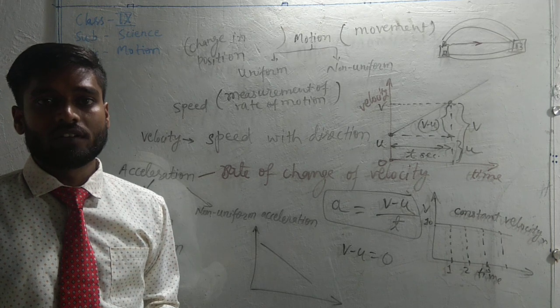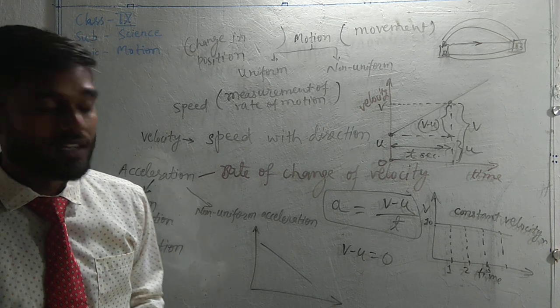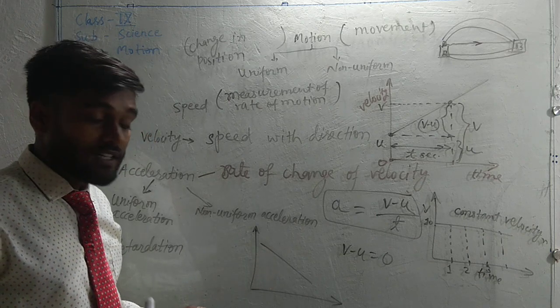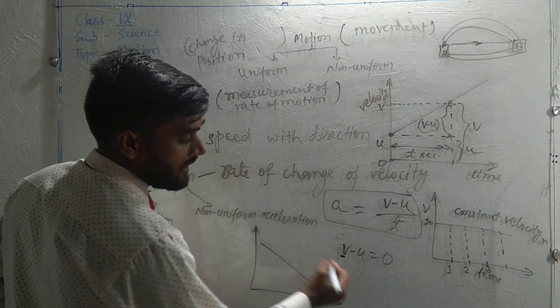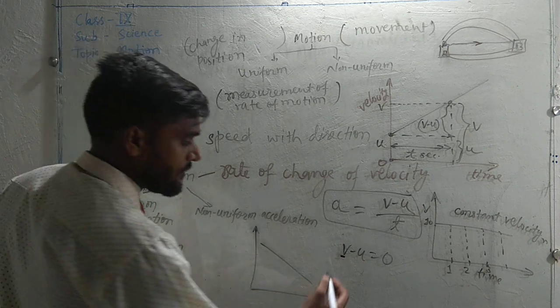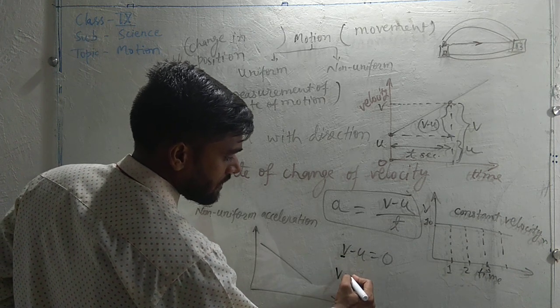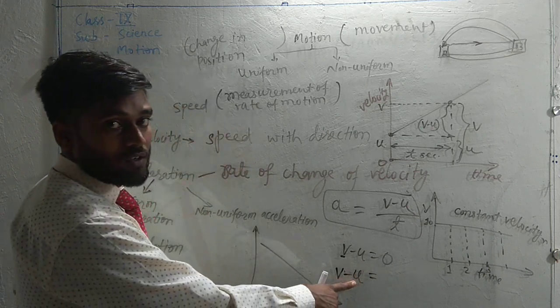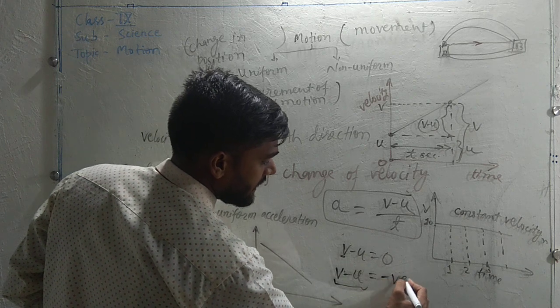When the driver or the pilot applies brake, the velocity continuously decreases, and in that case the final velocity v will be smaller than the initial velocity, and in that case this change will be negative.